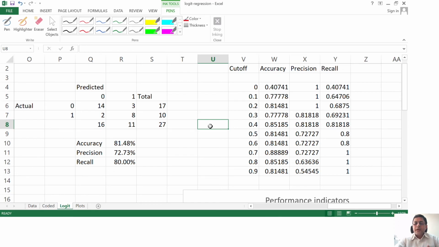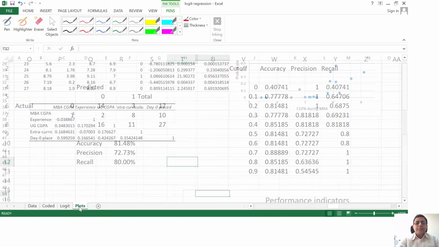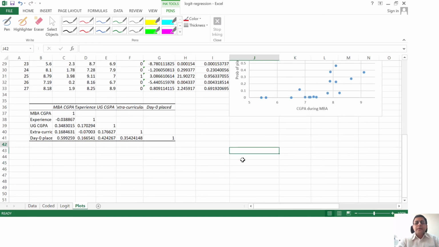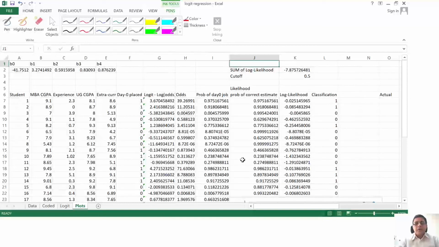What is another quick way of checking whether my model is correct or not? This is a very analytical way of looking at whether my model is correct or not. This should take precedence. The other way to look at whether my model is right or wrong is to quickly look at the plots. So I have not done anything different. All the data is exactly the same.